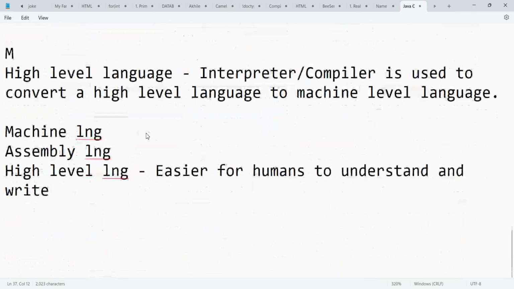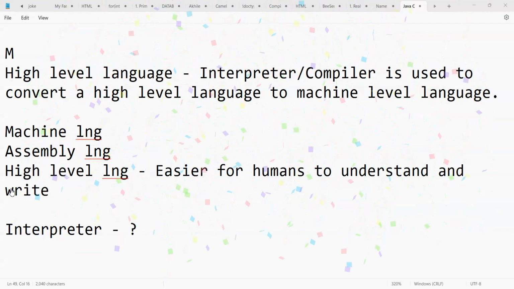Okay. And if someone asks you what is an interpreter, what are you going to say? What is an interpreter? Now tell. You have three types of languages. What is an interpreter? Perfect.